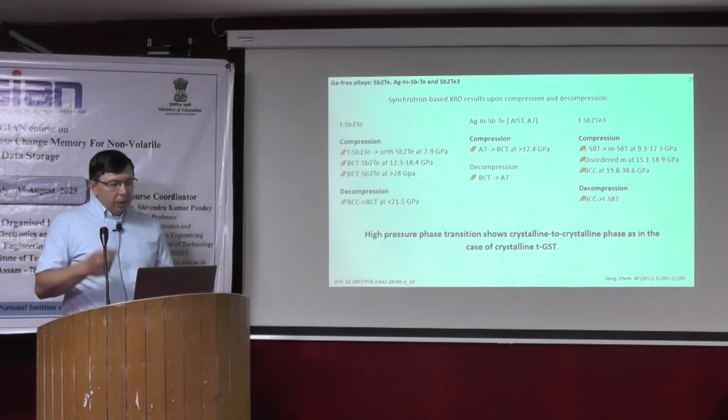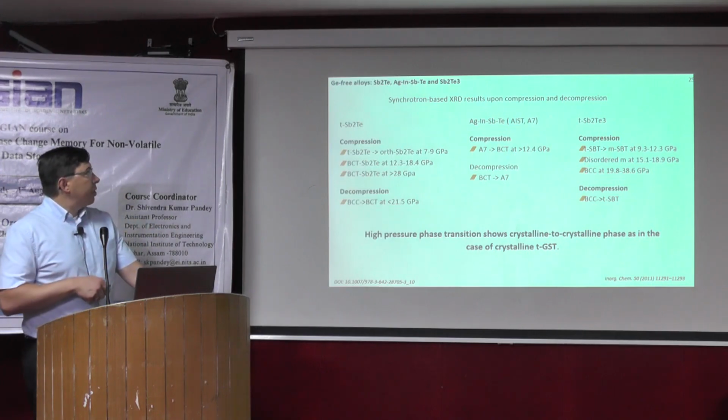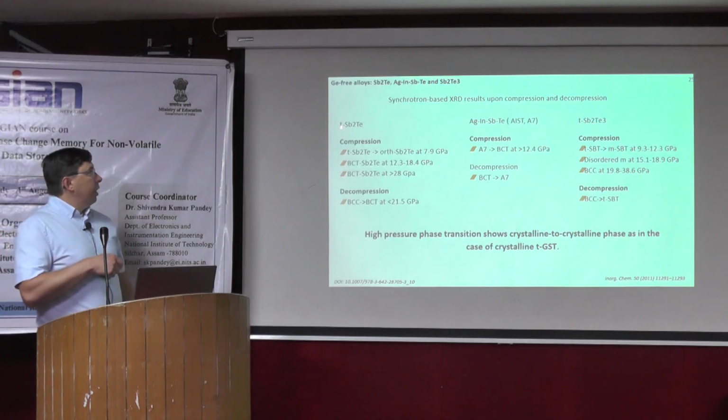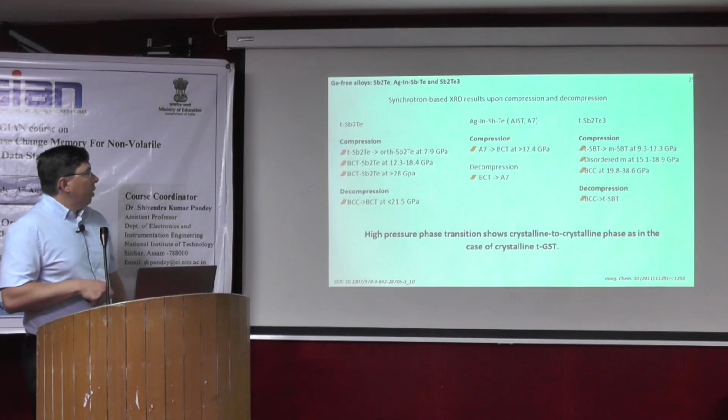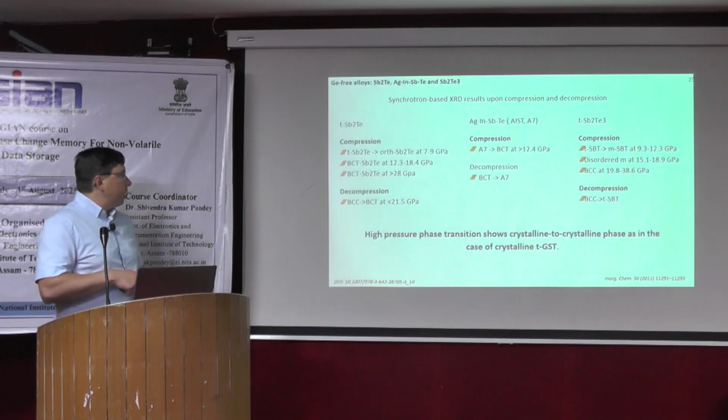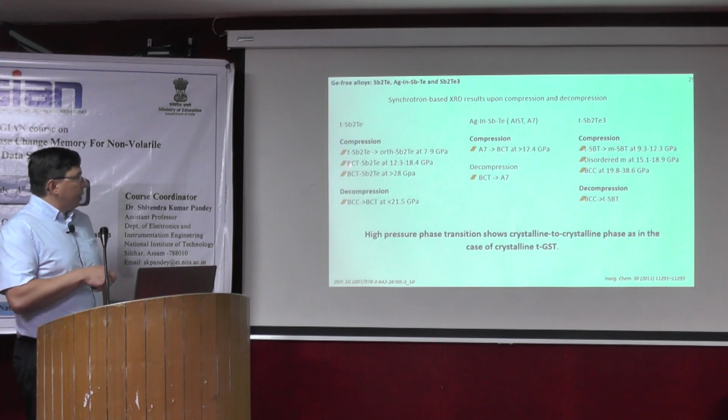Also, some phase changes in other systems, germanium-free alloys like antimony telluride, AST, and antimony telluride. In the trigonal Sb2Te3, on compression, this phase is transformed to the orthorhombic phase, then to the BCT, and this phase stays until 28 gigapascal, where it is transformed to the BCC.